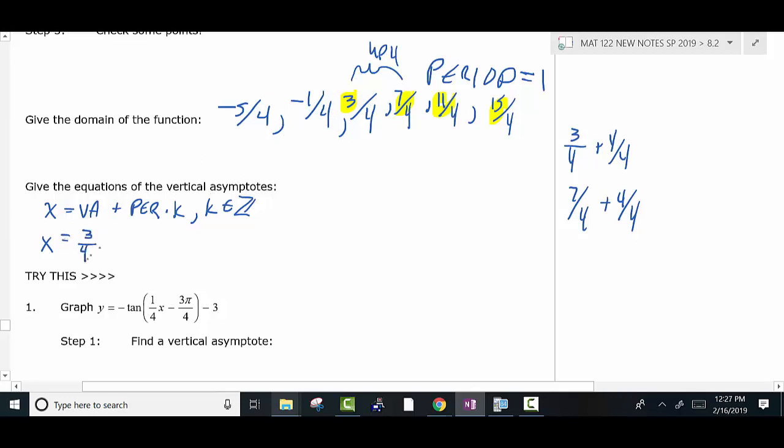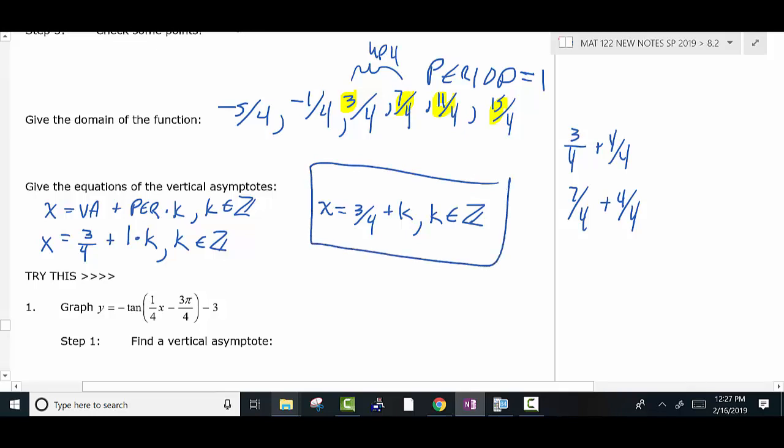So you would just say 3/4 plus the period, which is 1, times k, where k is an integer. And that will be a guaranteed equation of asymptotes. So I just write the answer as x equals 3/4 plus k, k is any integer. That's the formula you can use that can bypass having to find a pattern.